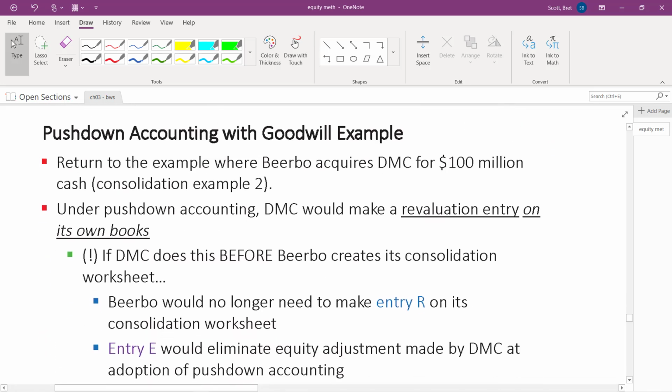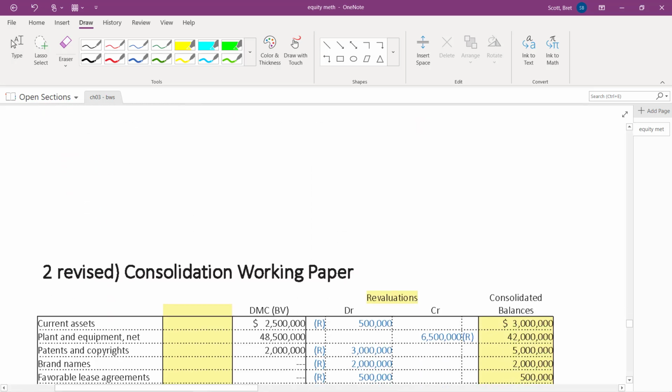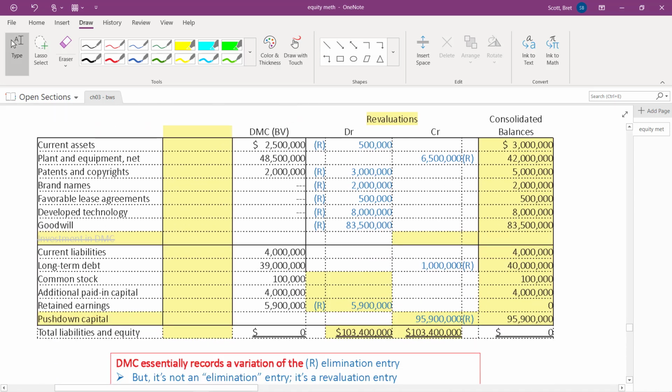So what does this thing look like? Well, let's go back and revisit what we saw before in example number 2. We paid $100 million. There were some unidentified assets, and let's take a look and see how things change. So down below, I'm simply saying that push-down accounting ignores Beerbo.